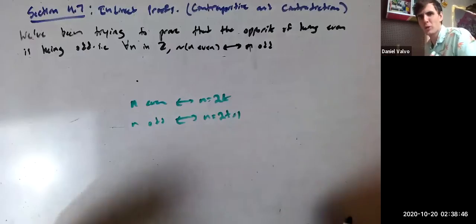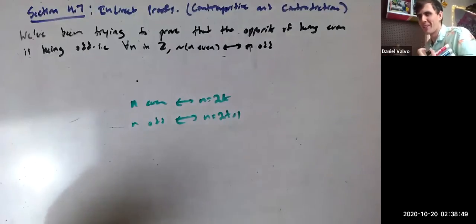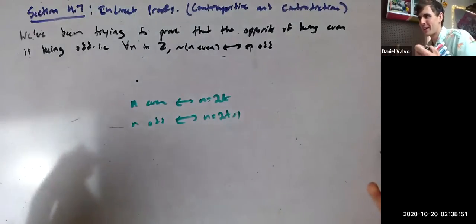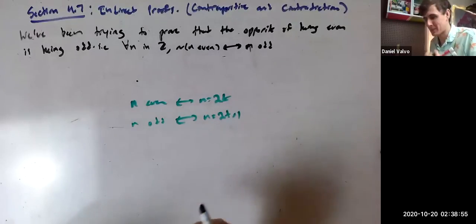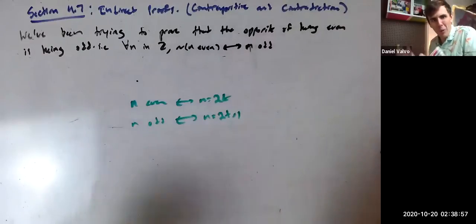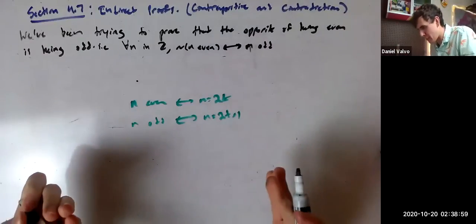Right, that's what we're trying to prove. It makes a lot of sense to us, right? Even and odd are almost like go-to examples, not just in math, but in life, for things that are opposites. But why? Why do they have to be opposites?